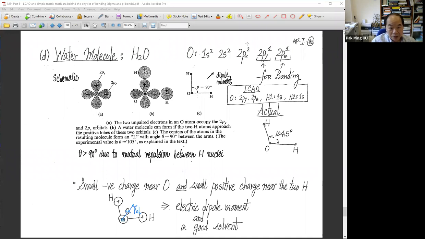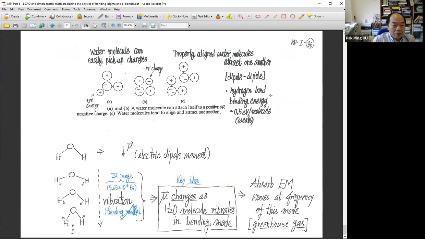I need to go to the next page. It's not moving. Okay, so this uneven distribution of charge gives the water molecule the nice property that it could attract positive charge as well as negative charge.